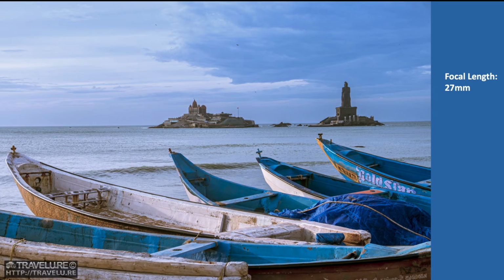27 mm, Kanyakumari, the southern tip of India. In the foreground, blue fishing boats, large and close, filling the bottom of the frame. They are dominant. In the background, the Vivekananda Rock Memorial and Tiruvalluvar statue. Significant structures, but in this frame, they look small and distant.